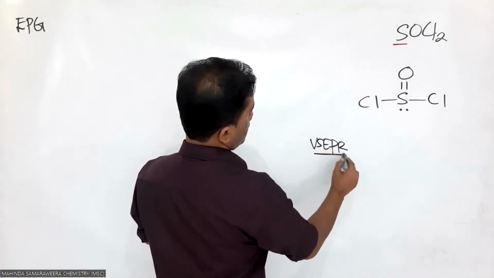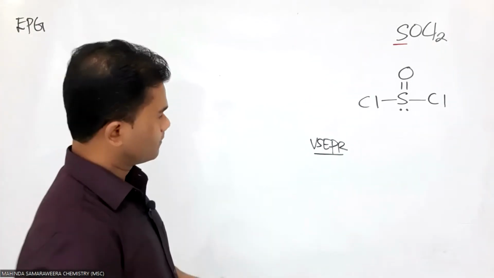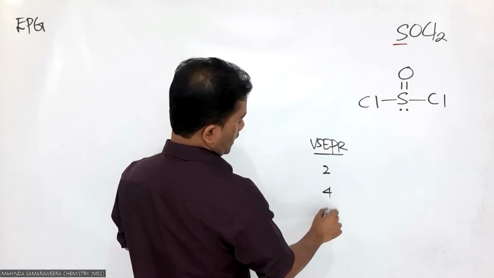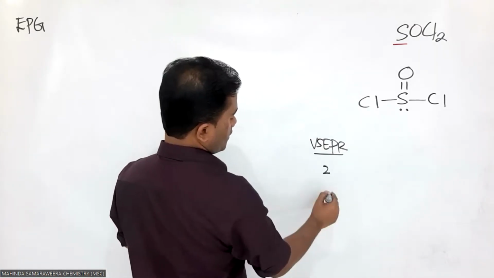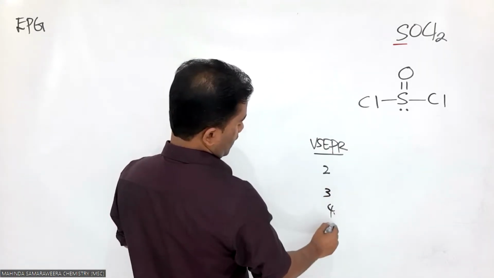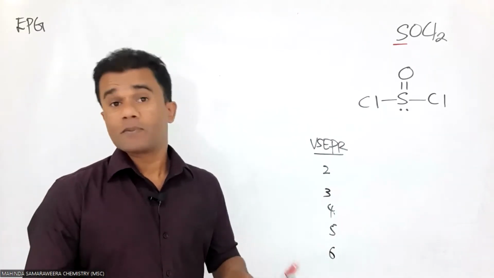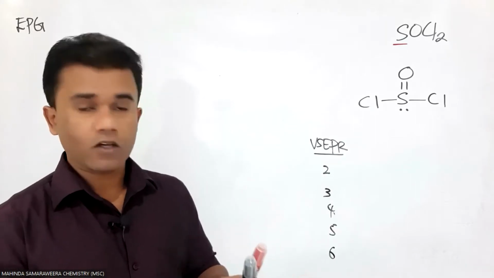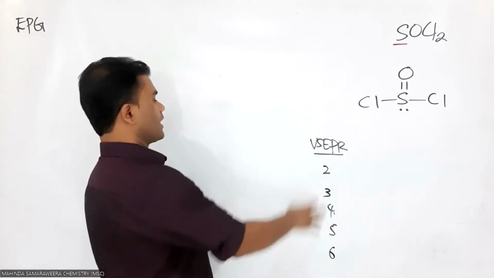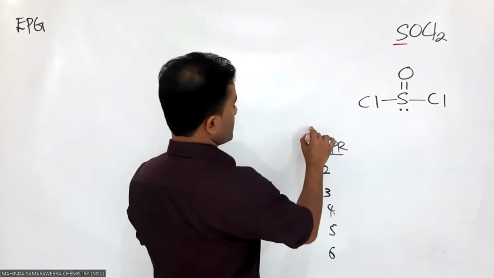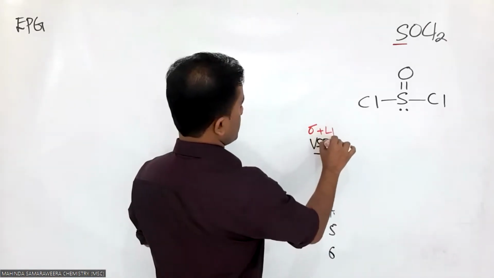We discuss these things in detail in theory classes. The number of VSEPR pairs can be 2, 3, 4, 5, 6. We can have more than that, but in this case we follow everything according to our syllabus. What is VSEPR? It simply means sigma bonds plus lone pairs.